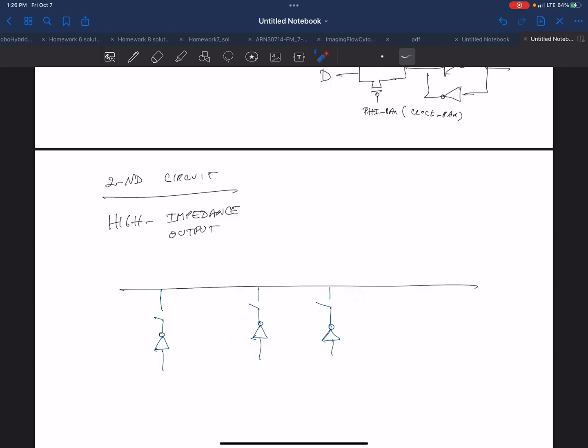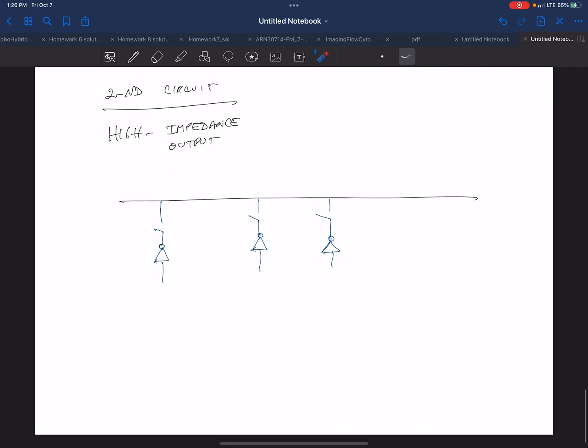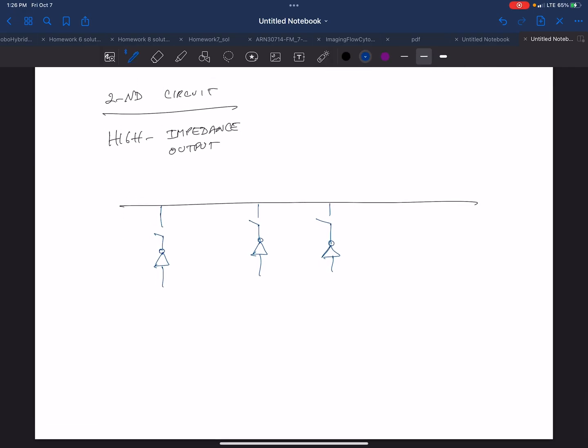Okay? So here you'll also need a different circuit than a normal CMOS logic circuit, because imagine if you had just inverters available to you, and you connected them together, they're basically both driving that node simultaneously.